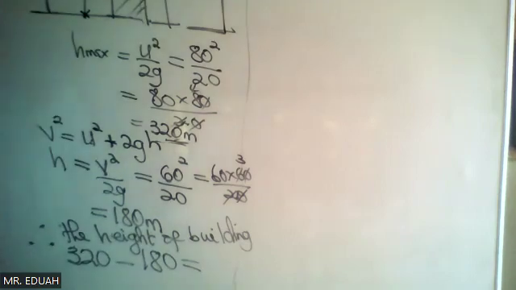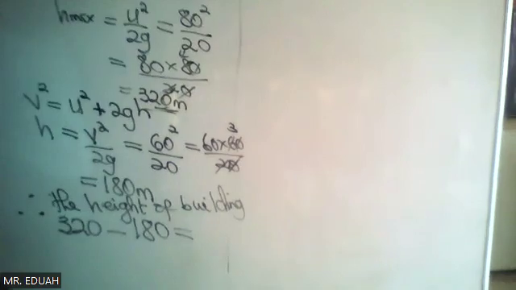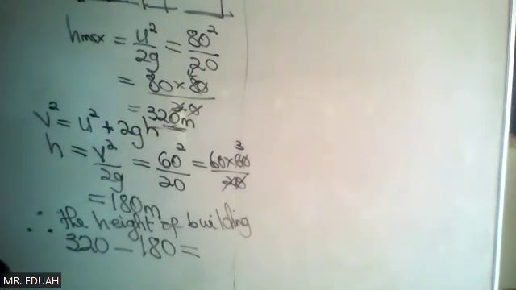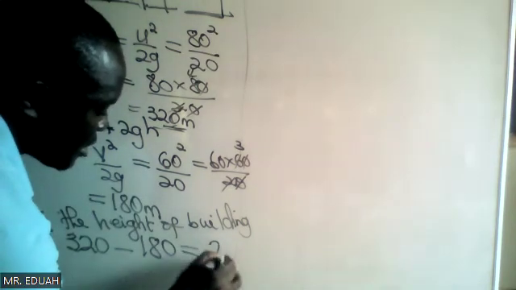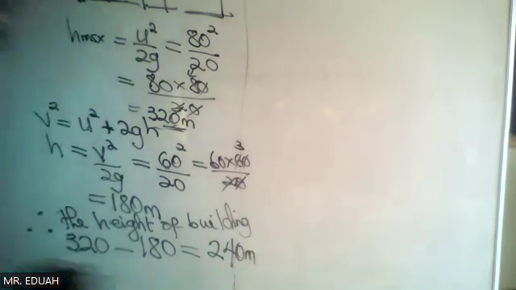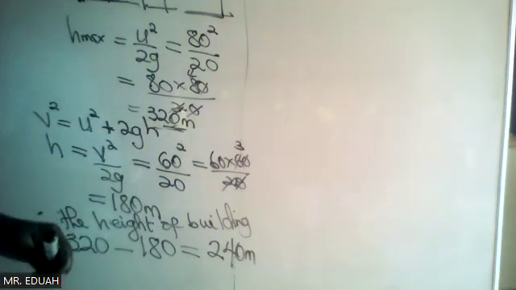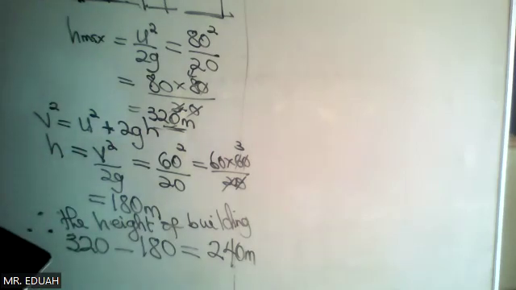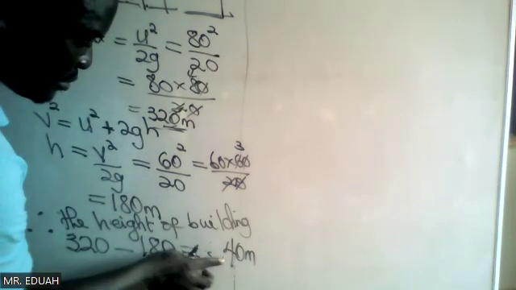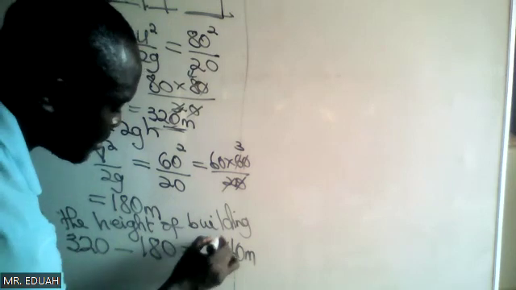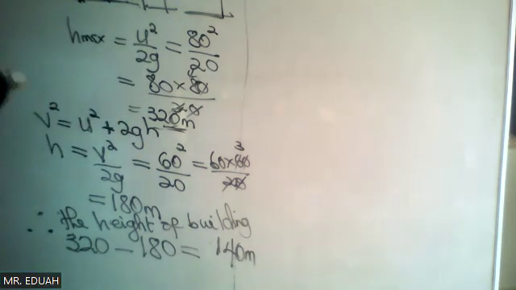And that is equal to, what is 320 minus 180? 140. So that's the height of the building.